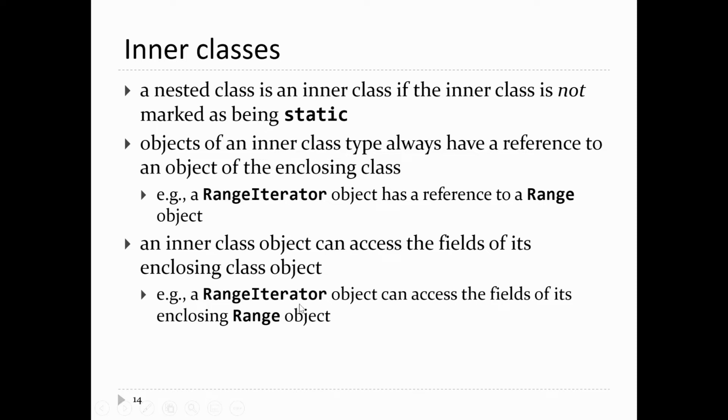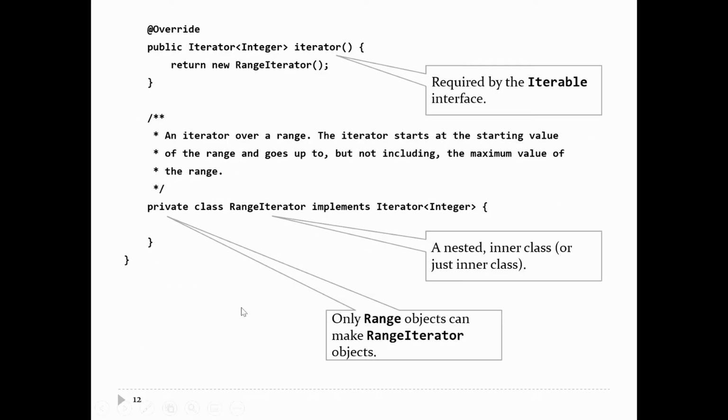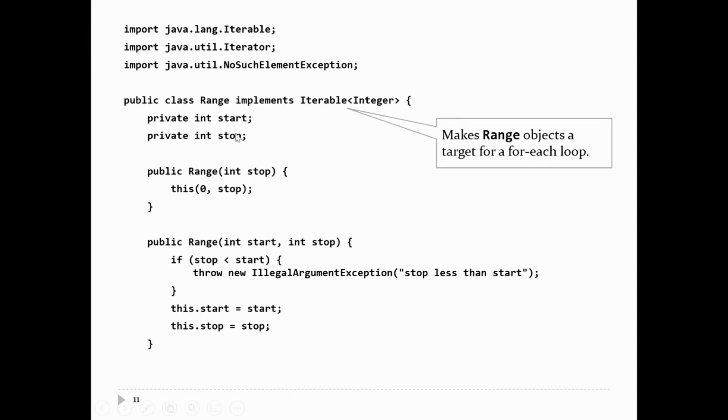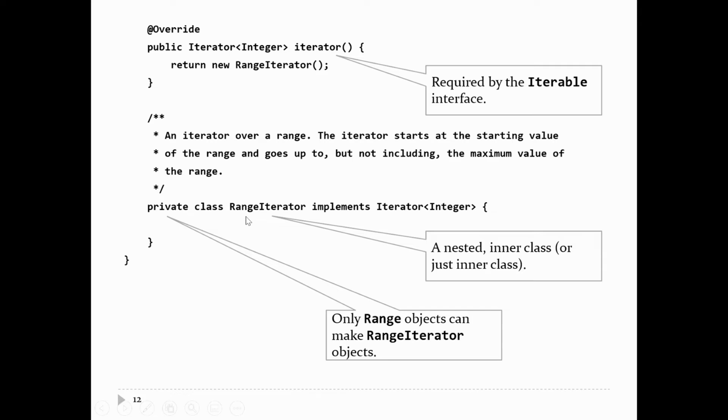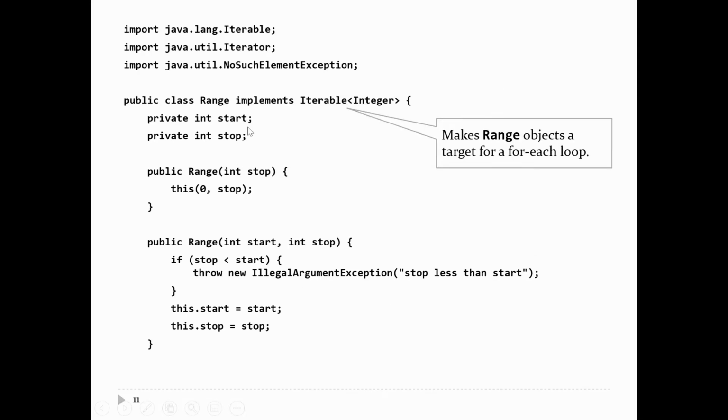It means a RangeIterator object is allowed to access the fields of its range. So when I make the RangeIterator object, it's able to access start and stop, even though start and stop are private, because it's an inner class. It's allowed to look at or access start and stop.